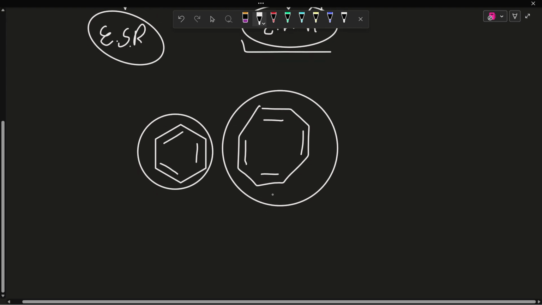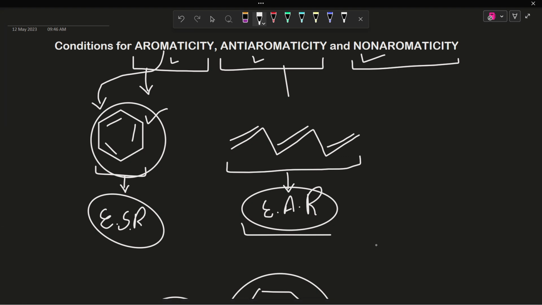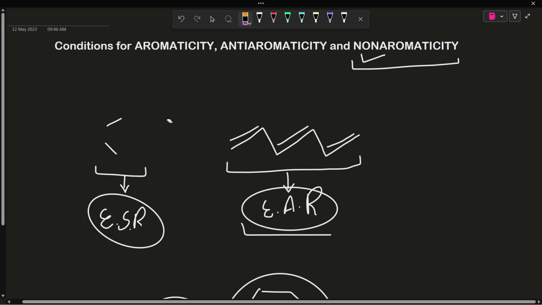Why? Because this one is anti-aromatic and this one is aromatic. So these properties assign these compounds different behaviors, as a result of which we need to properly understand these properties, and how we can determine if a compound is aromatic, anti-aromatic, or neither.